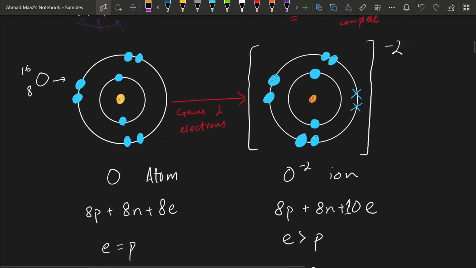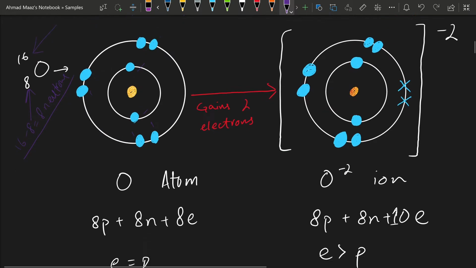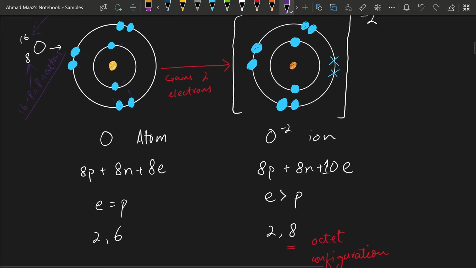Oxygen. It has 8 protons and 16 nucleons, which means 16 minus 8 equals 8 neutrons. Have a look at its electronic structure. 2 electrons in the first shell, 1, 2, 3, 4, 5, 6 electrons in the second shell, and its electronic configuration is 2, 6.